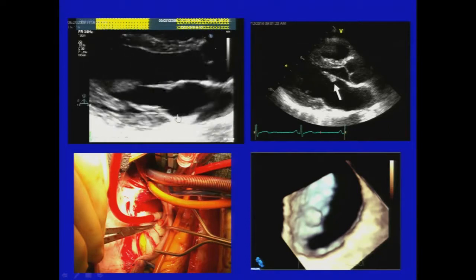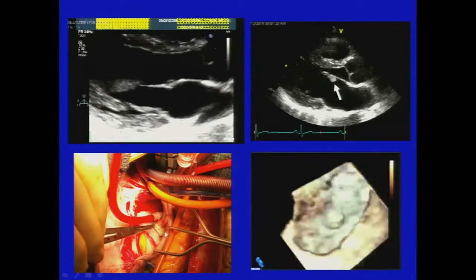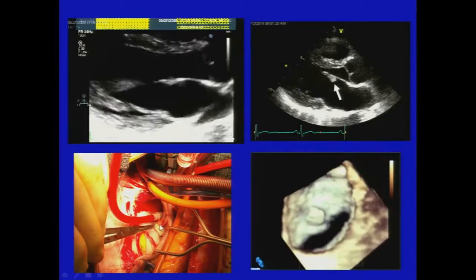I find that very helpful to identify that this is a papillary fibroelastoma. Here's a three-dimensional echocardiogram in the operating room showing the mass on the anterior mitral leaflet, and here's the mass at surgery before it was resected.